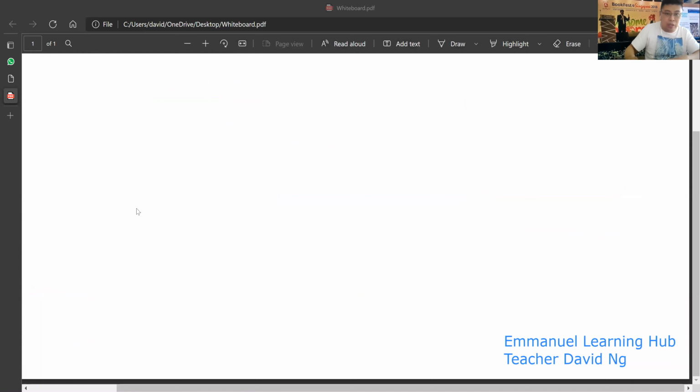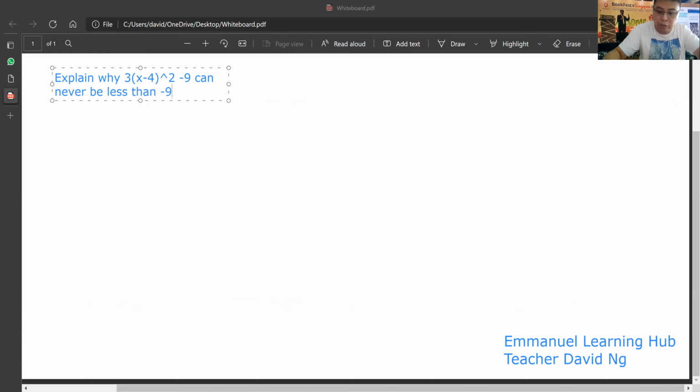Explain the next kind of question. Explain why 3 bracket x minus 4 close bracket square minus 9 can never be less than minus 9.